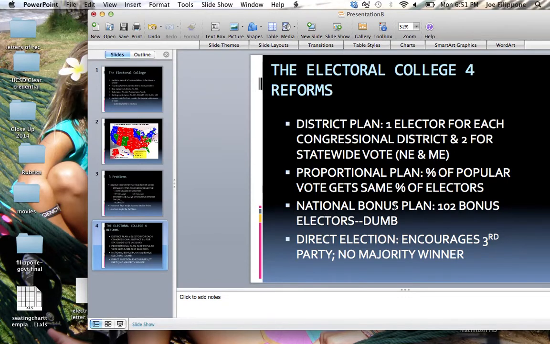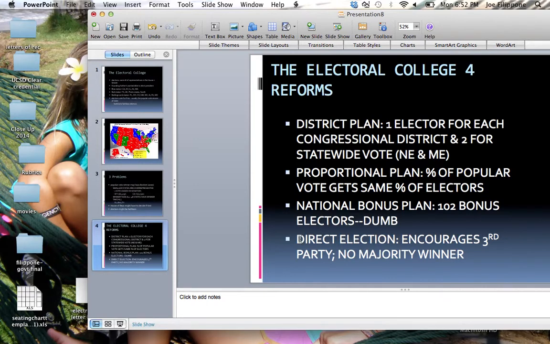Then there's the national bonus plan. The national bonus plan actually gives the popular vote winner 102 bonus electors. Not a very good plan. Kind of dumb. A lot of people don't think it's a very good reform.